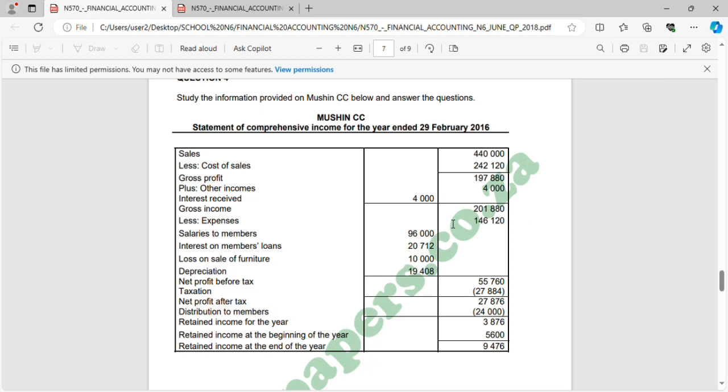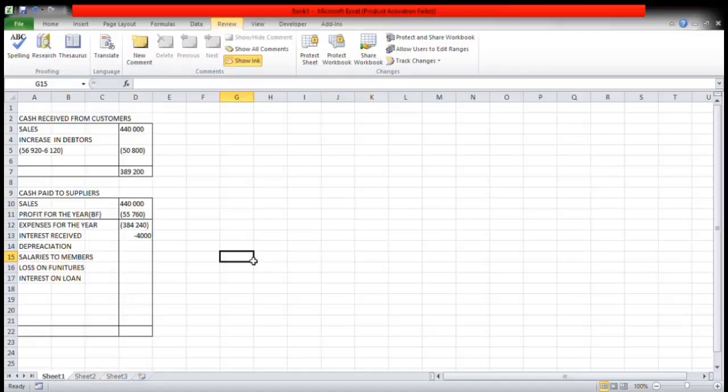Then now I'm going to take the amounts on the cash paid to suppliers. So the depreciation amount is 19,408.